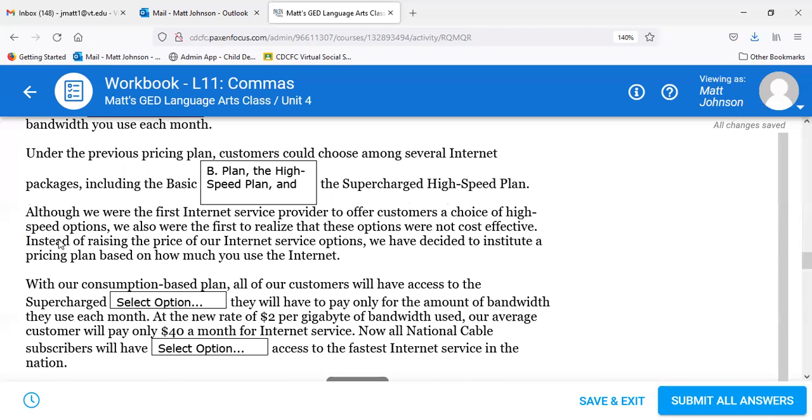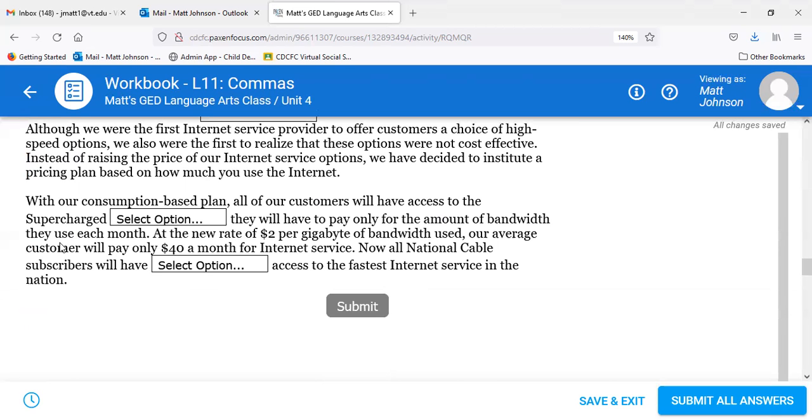Although we were the first internet service provider to offer customers a choice of high-speed options, we also were the first to realize that these options were not cost-effective. Instead of raising the price of our internet service options, we have decided to institute a pricing plan based on how much you use the internet.